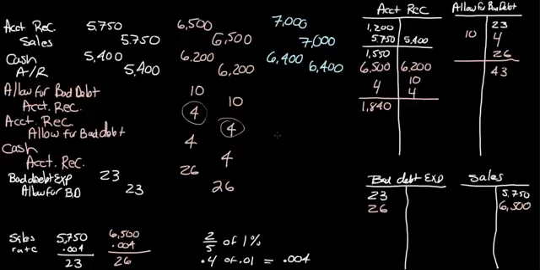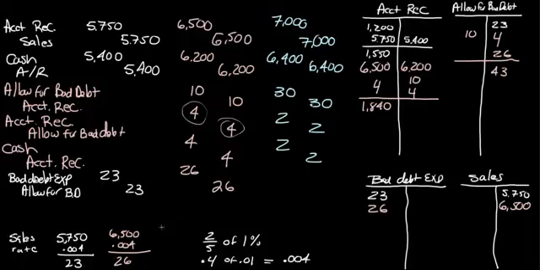The company wrote off $30, so they're going to debit the allowance for bad debt for $30 and credit accounts receivable for $30. We actually recollected $2 we had originally written off, so we're going to debit accounts receivable, credit the allowance for bad debt, and then debit cash and credit the accounts receivable account.